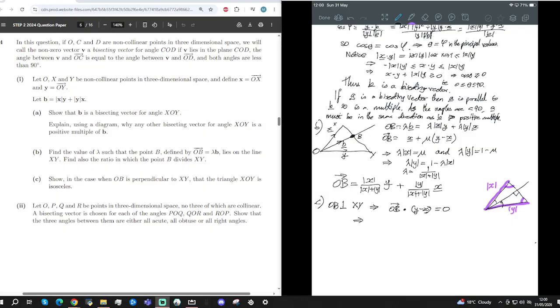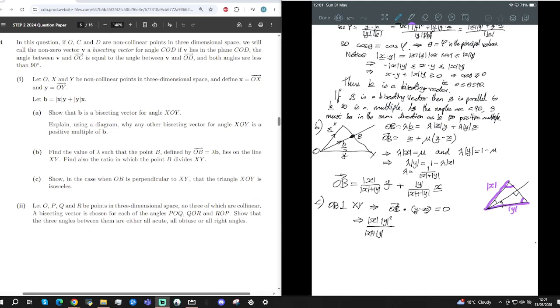So this is going to be quite a large dot product here, and I'm now doubly glad that I wrote down what OB was in the line above. So OB, I'm dotting it with y minus x. So again, I'm going to use the distributive nature of the dot product. We can expand out brackets in the way we expect. So basically this is a FOIL between OB's big bracket and y minus x. So the firsts, and again I'm going to use the fact that y dot y is simply y squared.